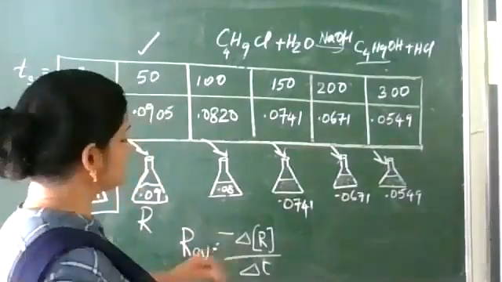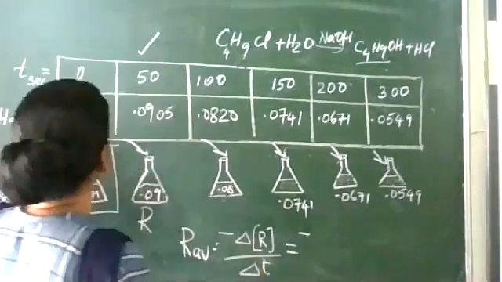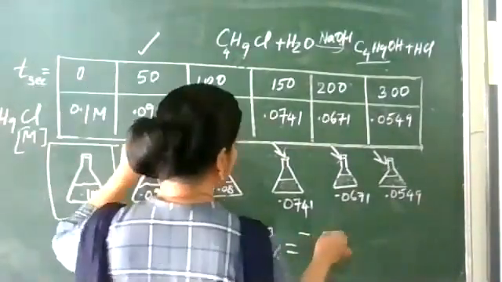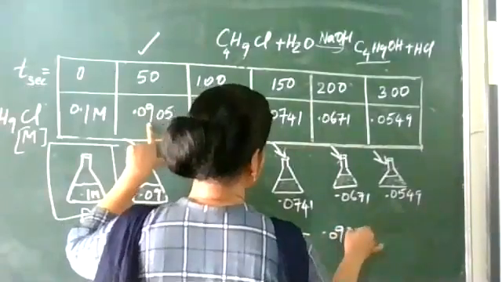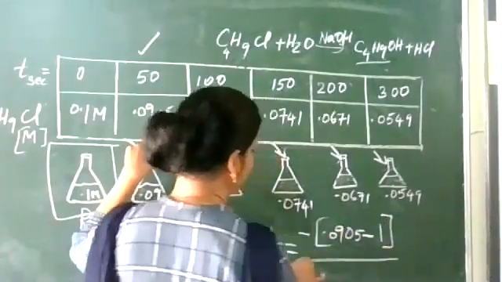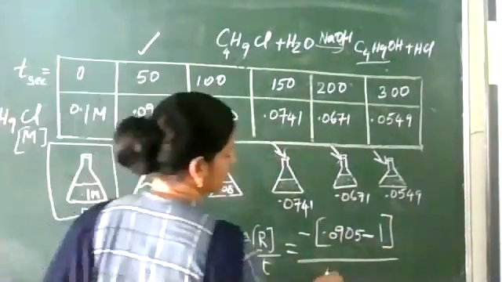So what is minus delta R? Delta R is 0.0905 minus 0.1 molar, divided by 50 minus 0.